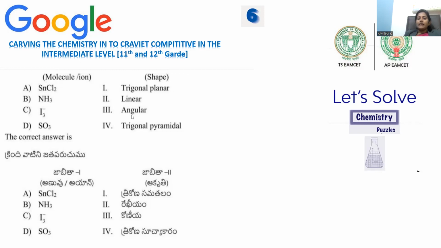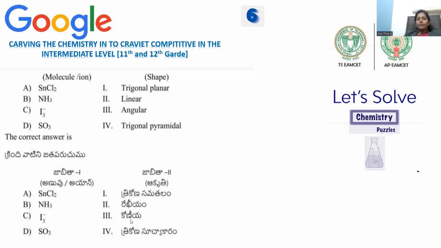Trigonal planar, linear, angular, trigonal pyramidal. The same is given in Telugu as well, where we have SnCl2, ammonia, I3 minus, SO3. And the expected options are Trikona Samatalam, Rekhiyam, Koniyam, Trikona Suchiyakaram. Trikona Suchiyakaram means trigonal pyramidal, right?